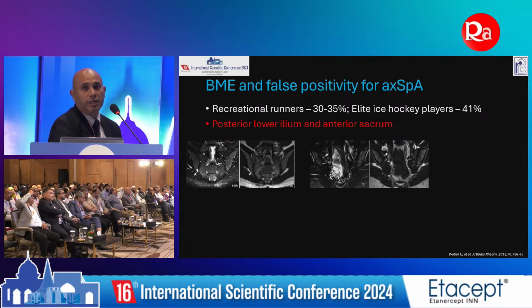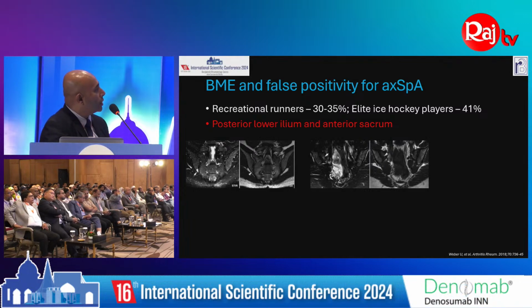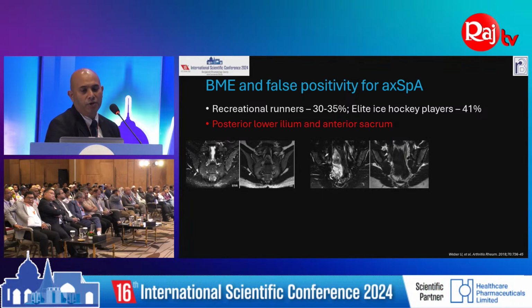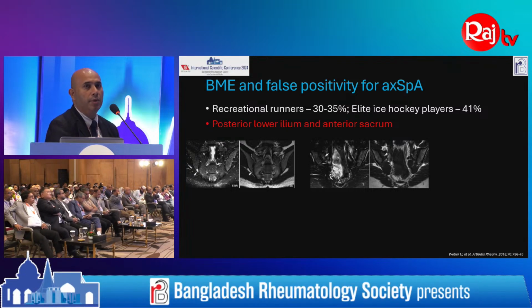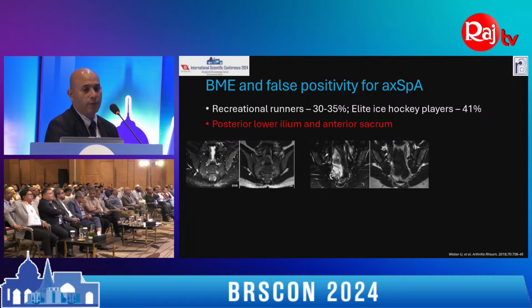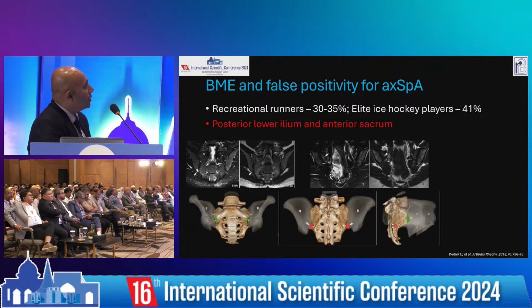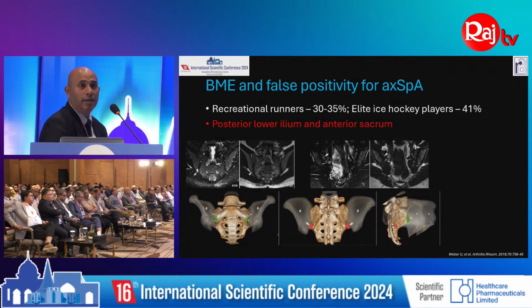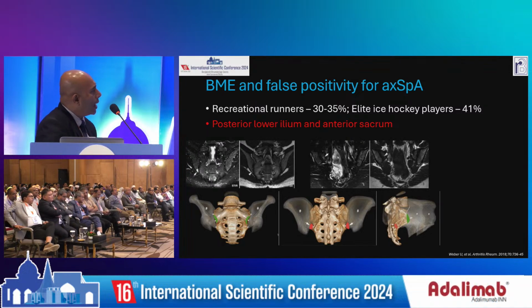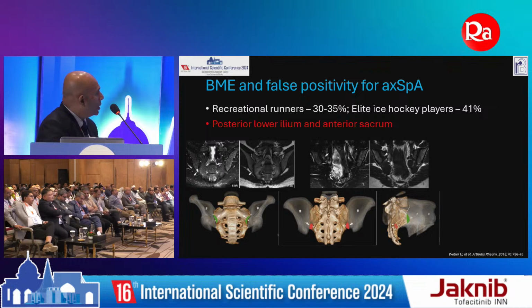Now, 2010 was the first time when Uli Weber and his group described that even normal people do have false positives. In fact, they do have BME, but if you look at the anatomical position of these BME, it can distinguish between normal and abnormal. Normal patients who are runners or pregnancy, postpartum, antepartum women mostly have their bone marrow edema in the anterior part of the sacrum and the posterior part of the ilium.